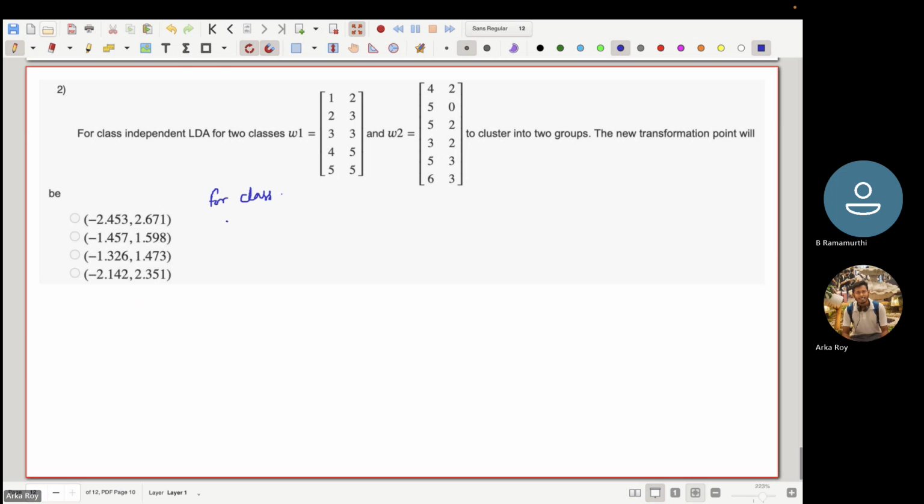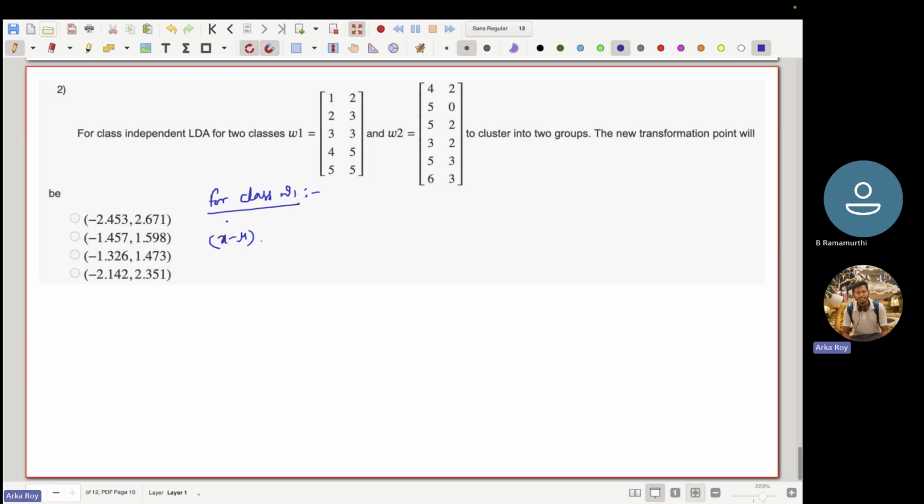For class omega 1, let us start calculating x minus mu first.